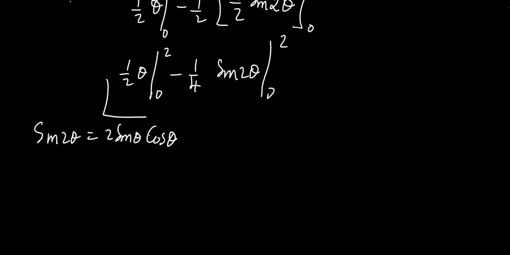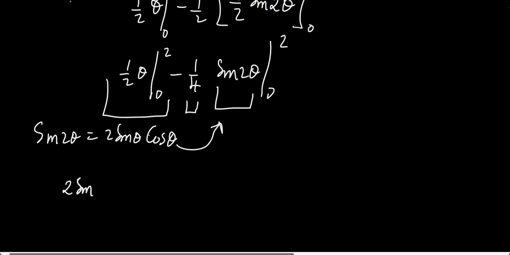So let's forget about this for now and concentrate on simplifying this function, meaning that we are also going to just ignore this constant for now. This is for the sake of the video, but when answering this for exams, the approach is different. So we know here that we can simply substitute this here, meaning that we are going to have sine 2 theta to be 2 sine theta cos theta, right?